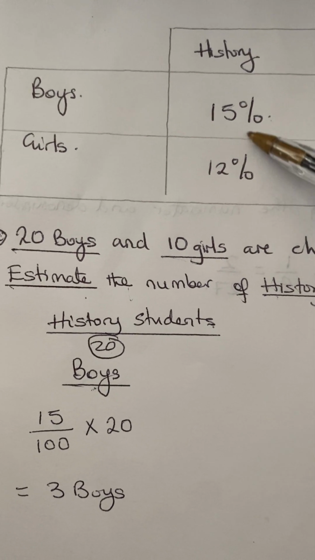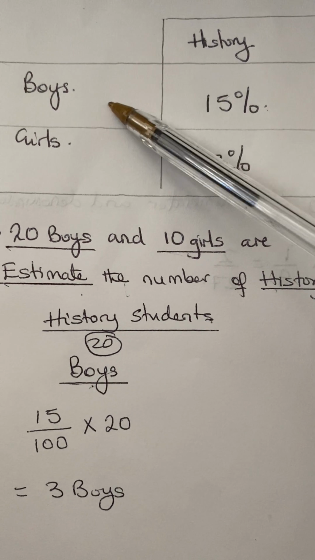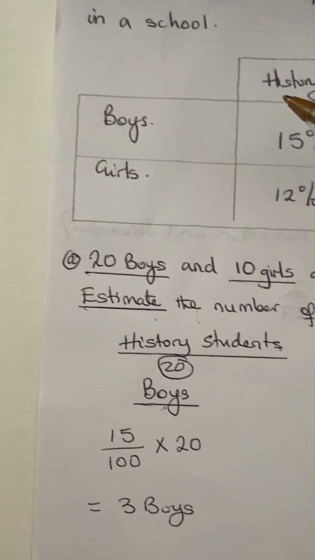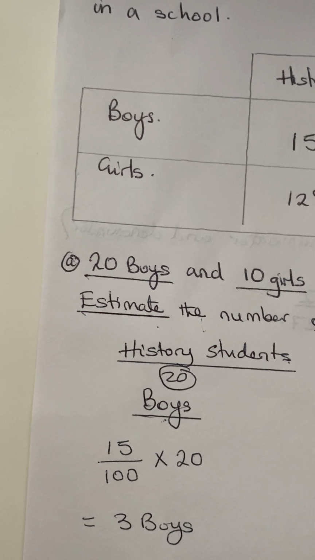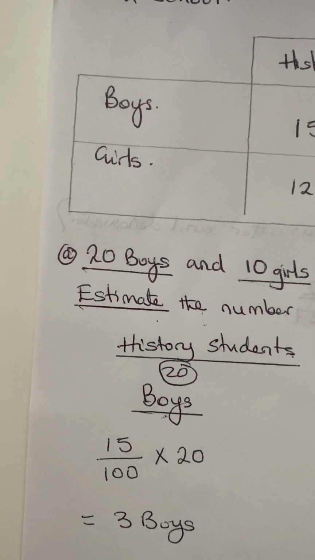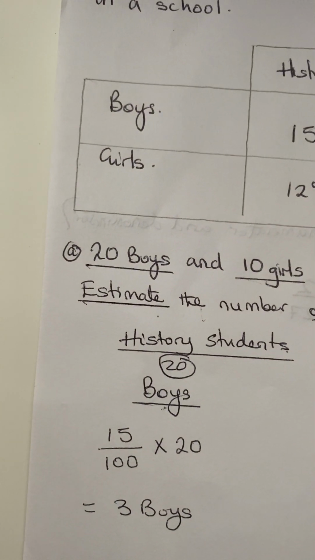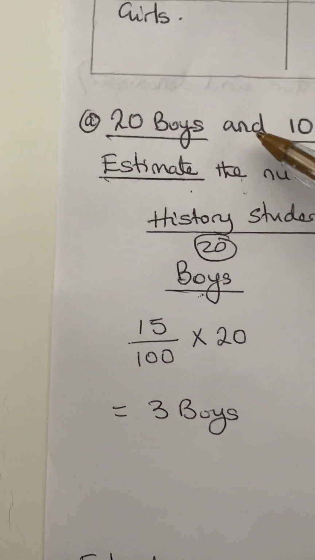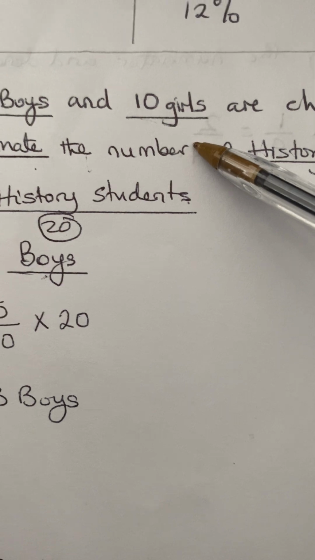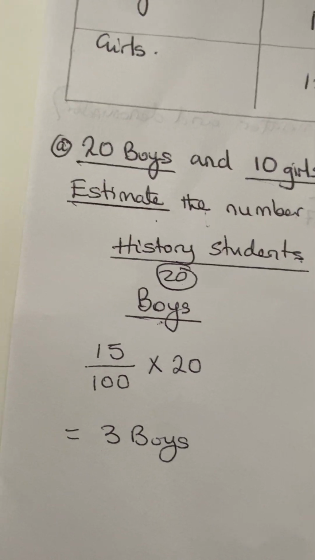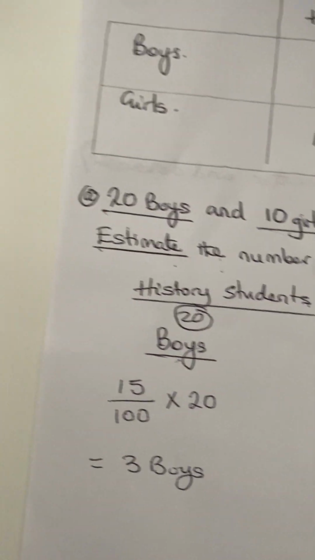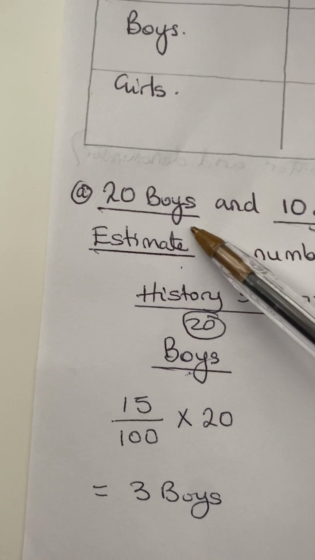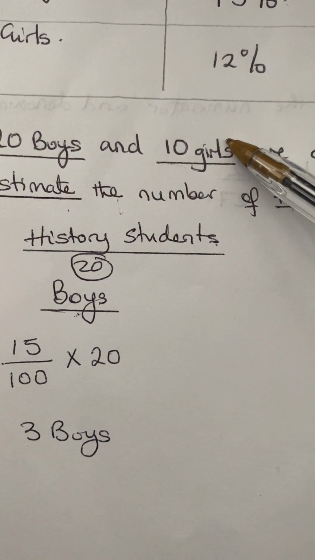Look at the boys and girls. The boys 15%, the girls 12%. They are saying to me 20 boys and 10 girls. So they didn't choose everybody. Somebody has been chosen at random out of the 20 boys and the 10 girls.